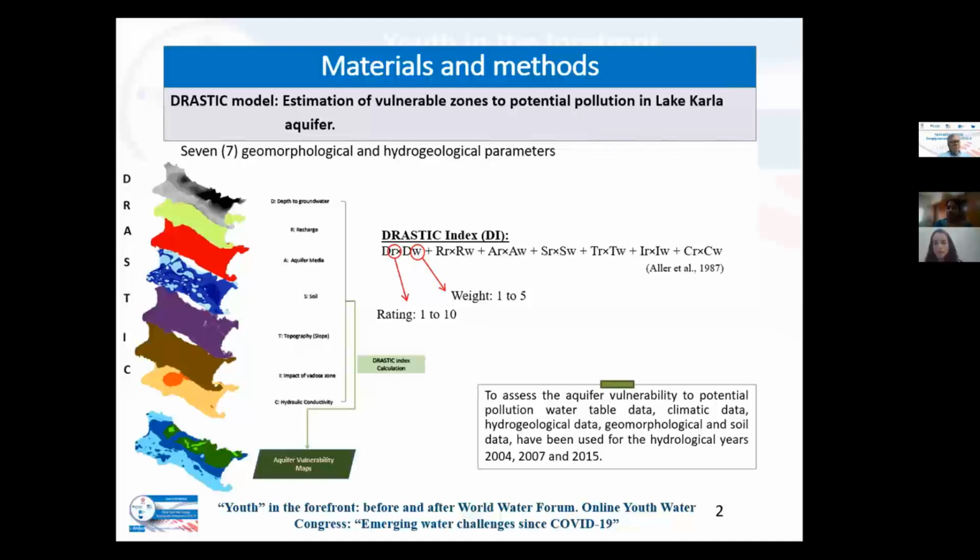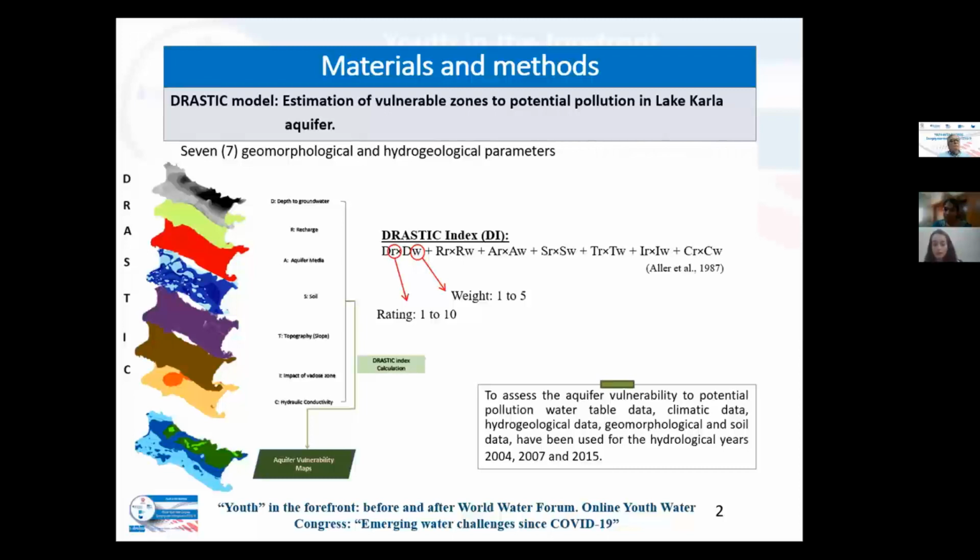The model yields a numerical index that is derived from ratings and weights assigned to the 7 model parameters. The weights are given to each parameter relative to one another in order of importance, 1 to 5. The higher weights representing greater pollution significance. The classes of each parameter represent the ranges which are rated from 1 to 10 based on the relative effect on the aquifer vulnerability.